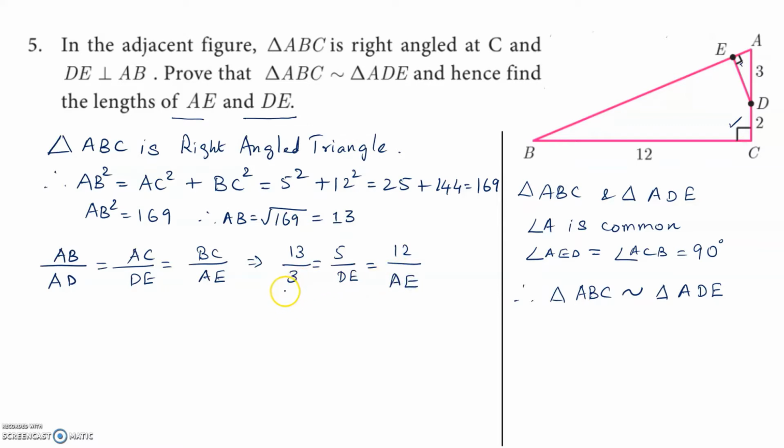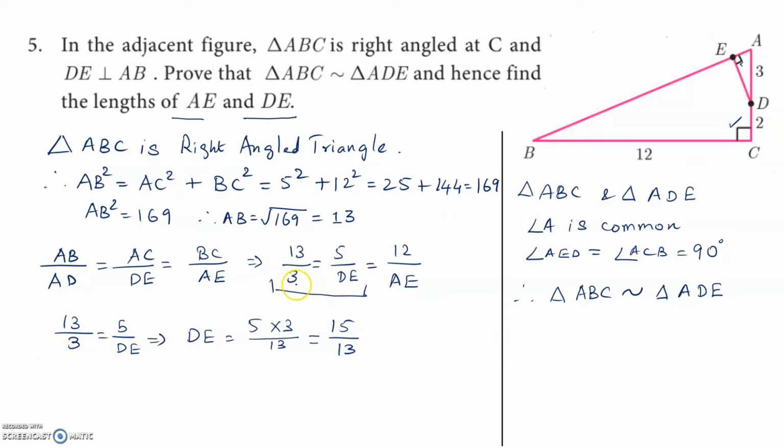Now let's take the first two, and we can say 13 by 3 is equal to 5 by DE, which implies DE is equal to 5 times 3 over 13, 15 by 13. So that's our DE.